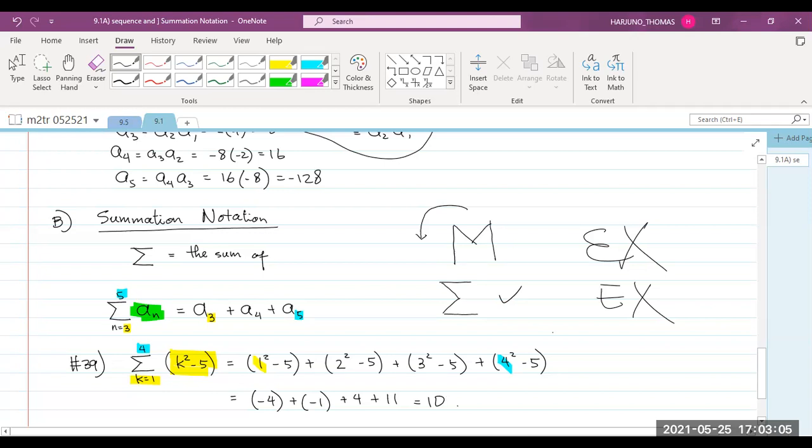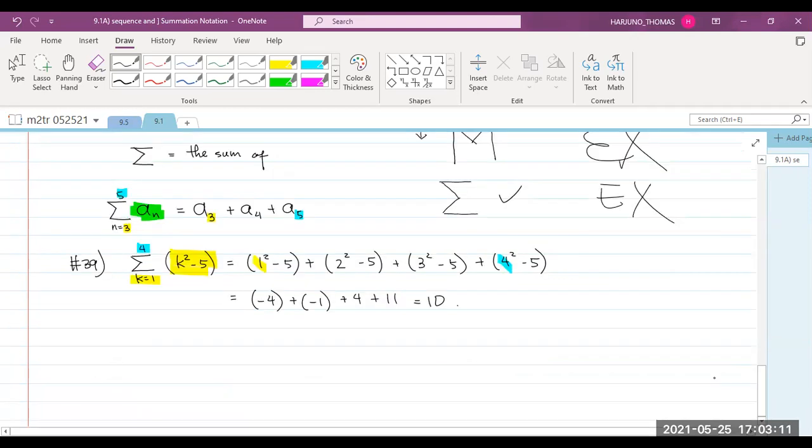Now let me make you work on something. Just notation. Number 37, I think that's quite easy: the summation k equals 1 to 5 of 2k minus 7. And then how about number 43?